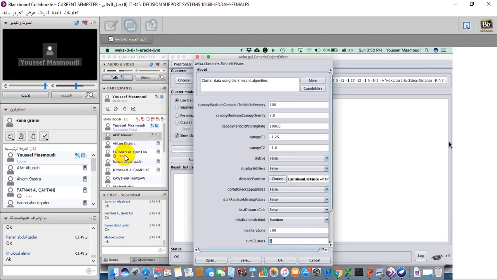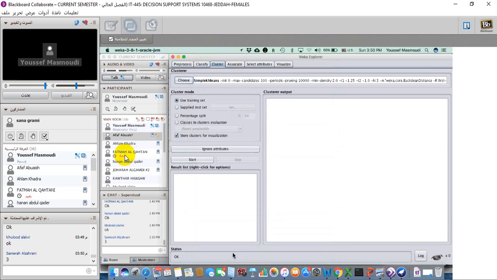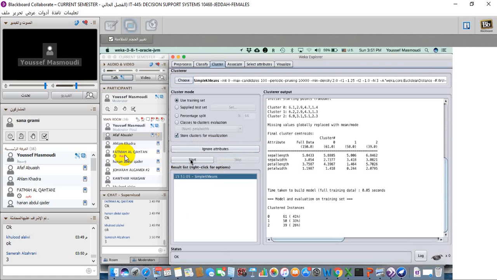Here. How many clusters will you divide these flowers into? Let's say 3. I will click on OK here. So I fixed the parameters of my algorithm. Then I will click on Start.